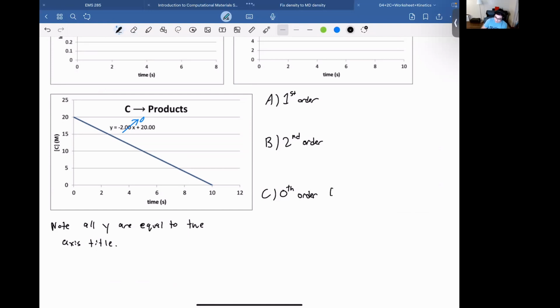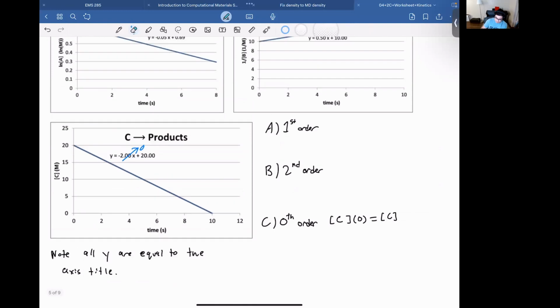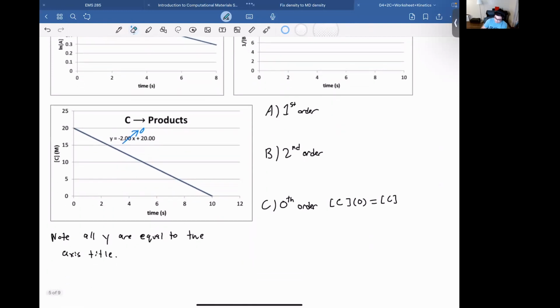So in other words, for C, for the 0th order, when you're plugging in 0, that's the initial concentration. This is equal to 20 from our formula, just looking at the axis, right?